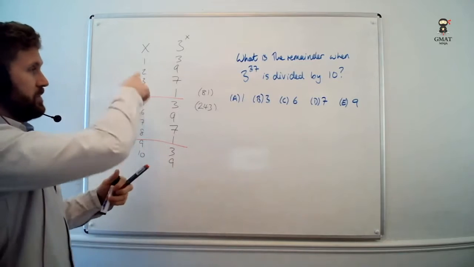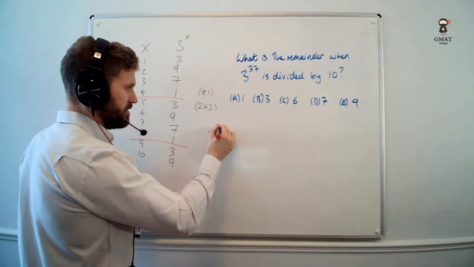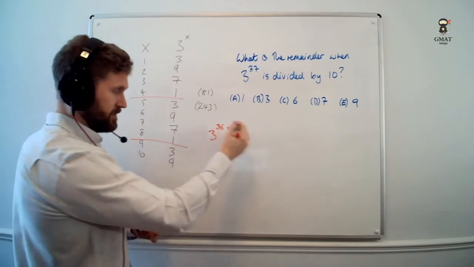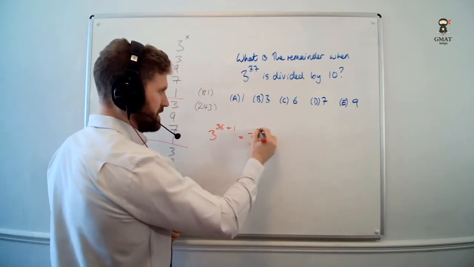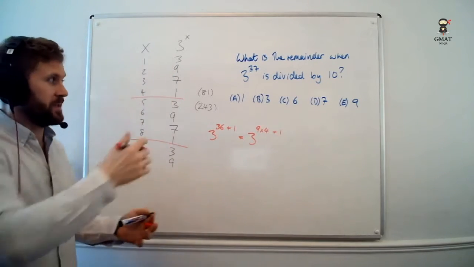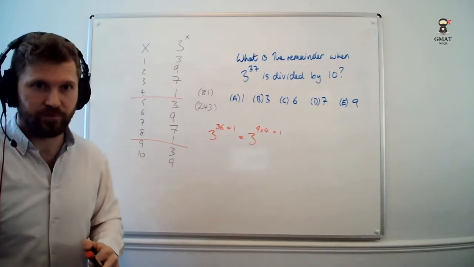Well, it repeats every 4, and we could say that 3 to the power of 37 is 3 to the power of 36 plus 1, which is 3 to the power of 9 times 4 plus 1. Or in other words, I'm going to go around this cycle 9 times, and then 1 more.